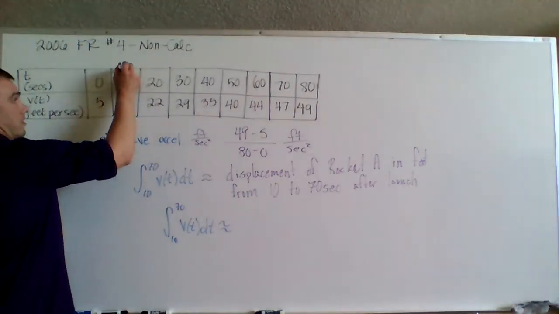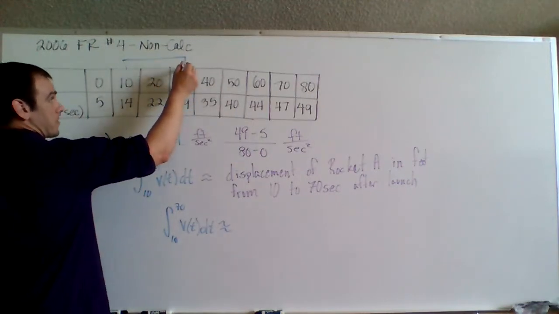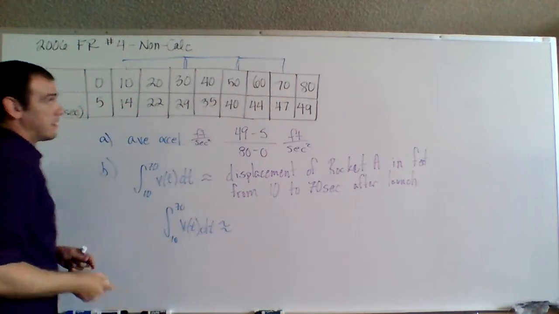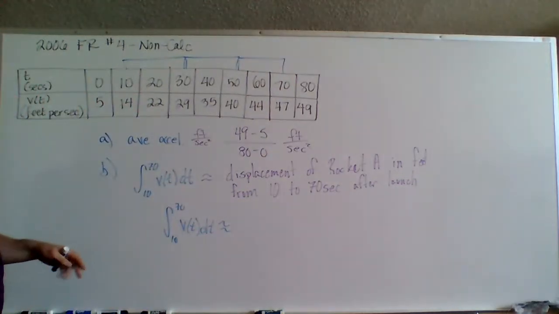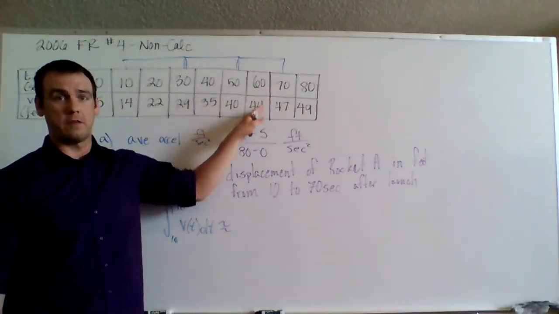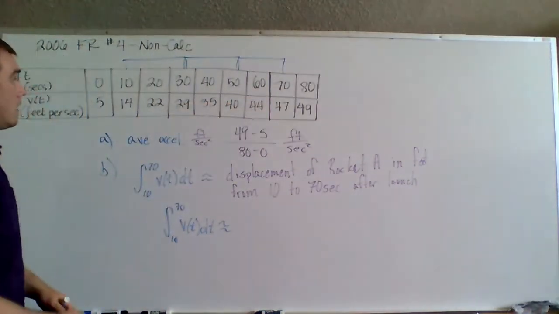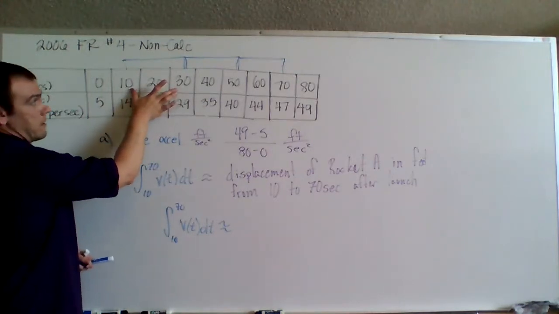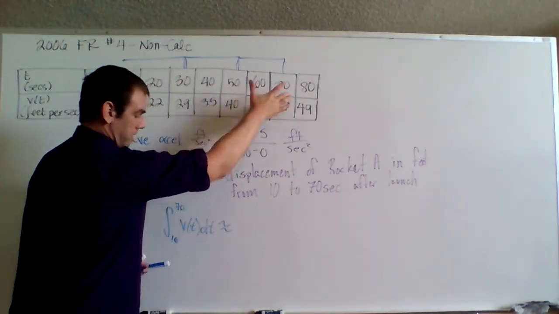So I'm going to go from 10 to 30, I'm going to go 30 to 50, and I'm going to go 50 to 70. So guys, I would definitely write that on my paper because now I realize I'm using my middle value for each one of these. Okay? When I look at this, my base is always going to be 20. 20, 20, 20.